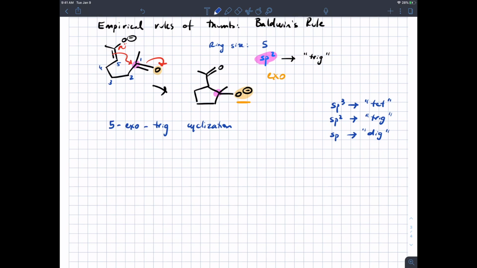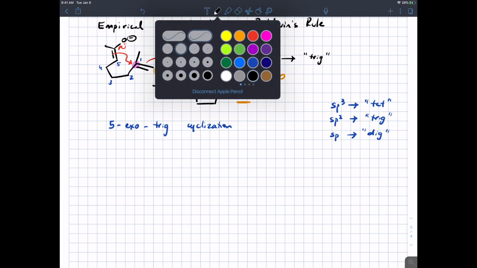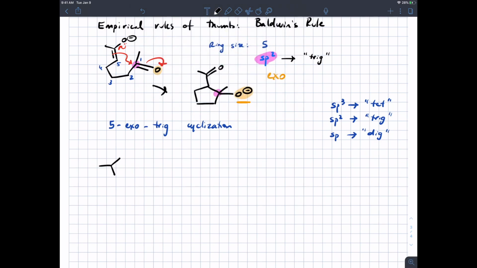Another example of a cyclization might be, we could take this same example and keep it almost the same, only instead of having us attack a carbonyl carbon, let's have us attack an sp3 hybridized carbon that has a leaving group on it. Okay, so again, we can define the cyclization by how many atoms are in the ring, and that we form 1, 2, 3, 4, 5.